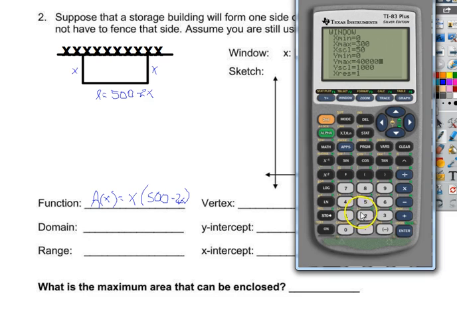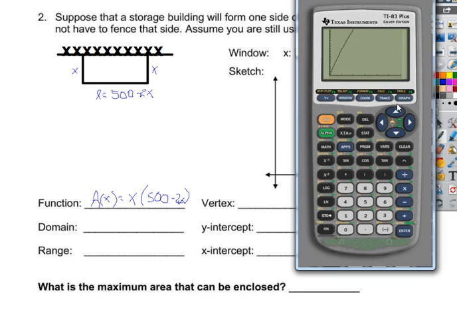We're going to use the same scale of 1,000. We're going to hit graph. Did I already enter the equation? No, I didn't. Our equation is simply x times (500 minus x).